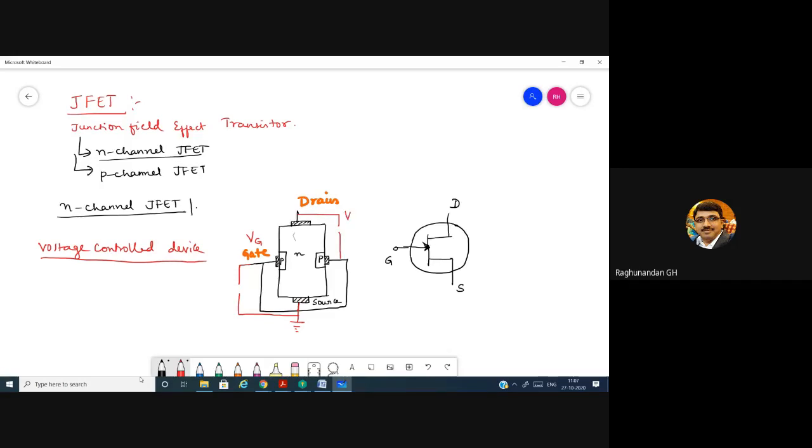So this battery, whatever we are using here, is connected with the drain terminal and gate terminal. We can directly connect it to the source also, because it is getting grounded now.